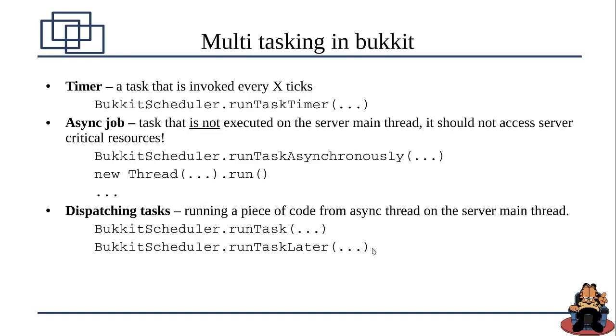What if you are running an async task and you would like to run some bukkit API function? So for example, you would like to change a block on the world. Simply, you would need to dispatch your piece of code, the piece of code that modifies the world, using the dispatcher. In bukkit, you can do this simply by calling a run task.